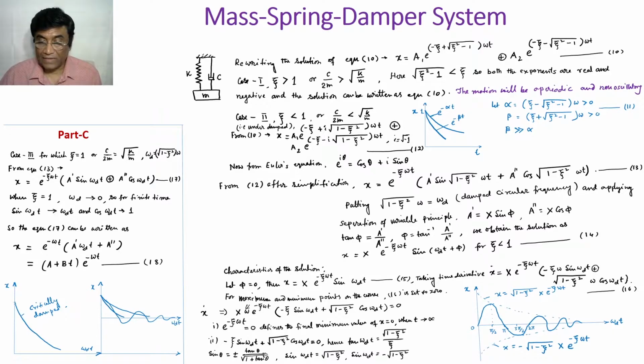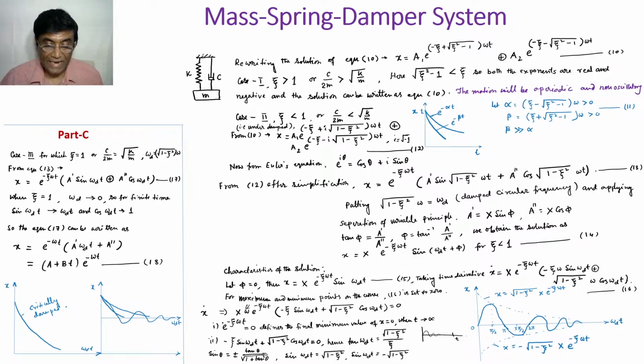That means the amplitude of oscillation will be 0, whatever you start from here. If t is infinity, I am not saying literally, infinity means very large. If it is very large, then this damping will be considerable, and the amplitude of oscillation will die down, will be 0.